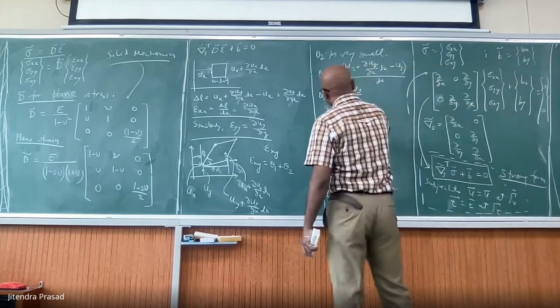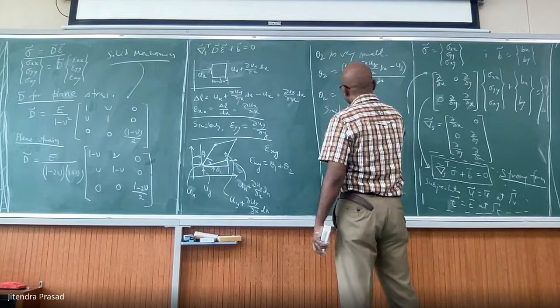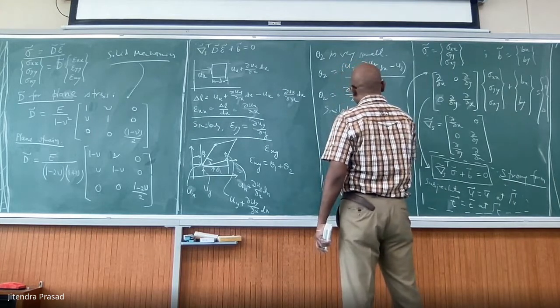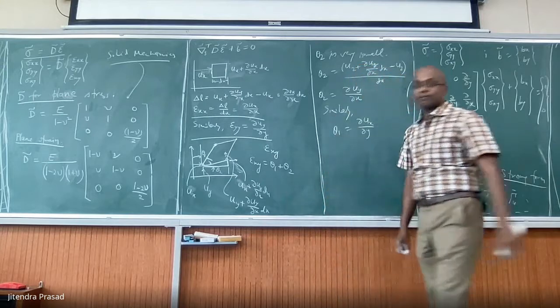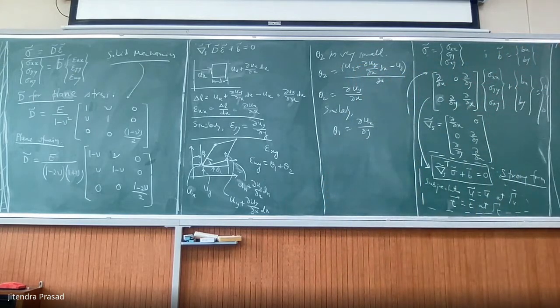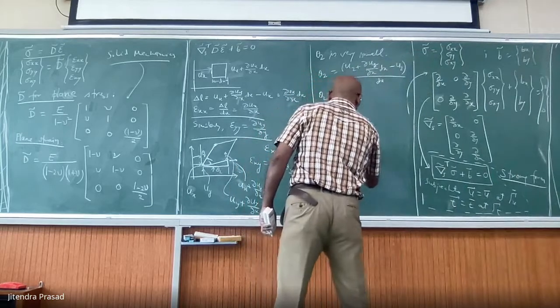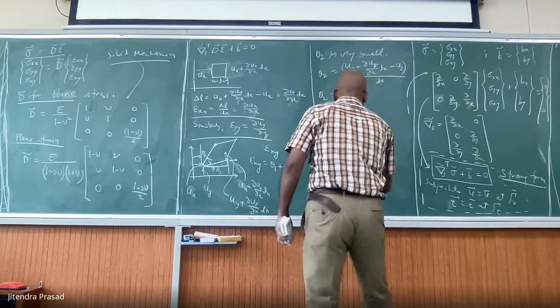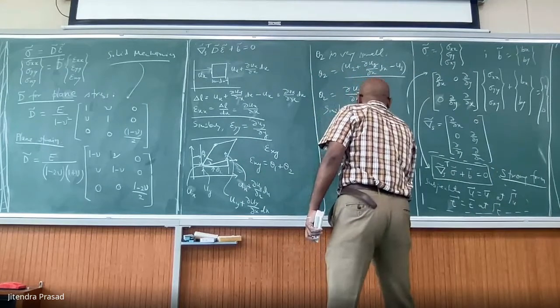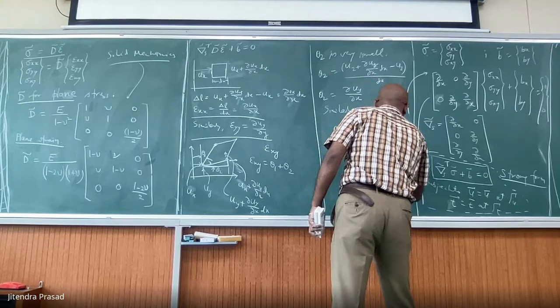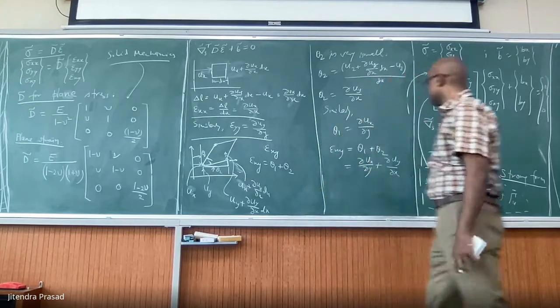Similarly, theta 1 is equal to del ux over del y. Similar analysis you can do, you will find exactly the same thing. And hence, epsilon xy is equal to theta 1 plus theta 2, which is del ux over del y plus del uy over del x.